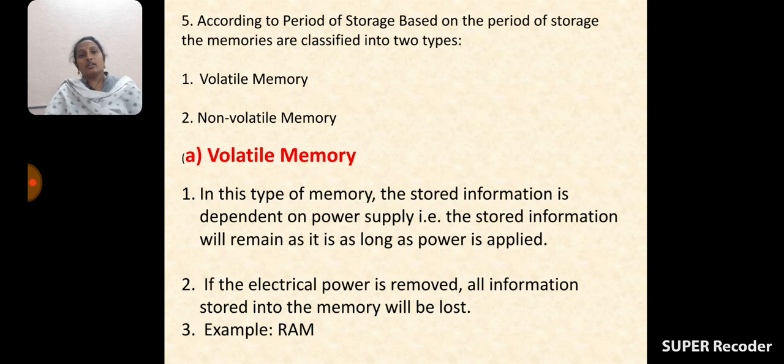Next, according to the period of storage, the memories are classified into two types. What are the two types? Volatile and non-volatile. As I already told you, if a memory stores the information permanently, that is called non-volatile. If it depends upon the power supply, that is called volatile.